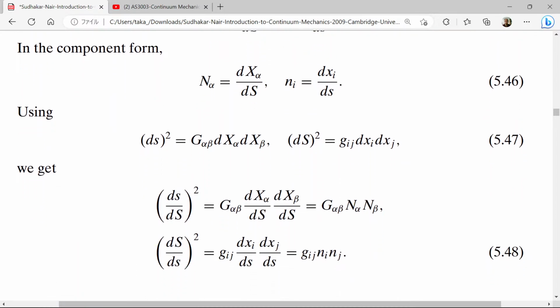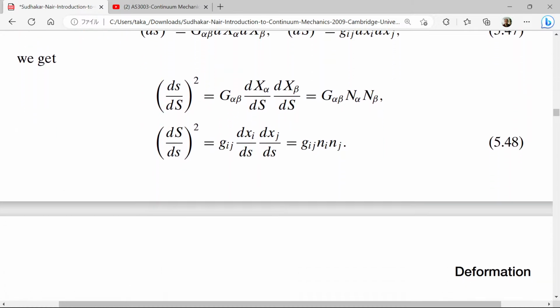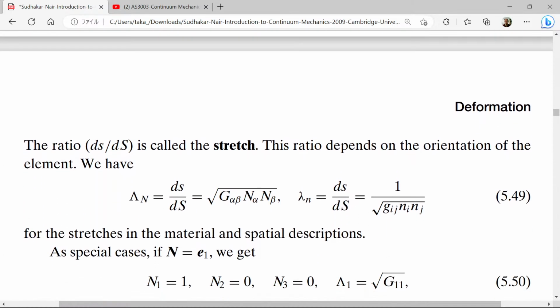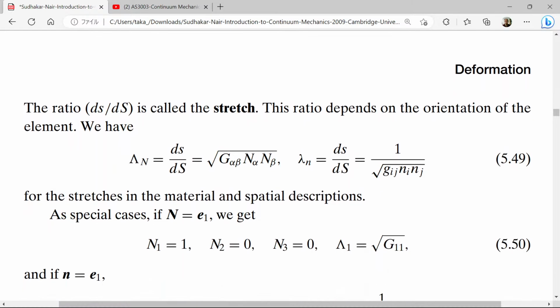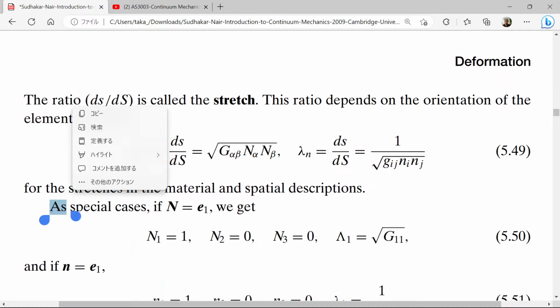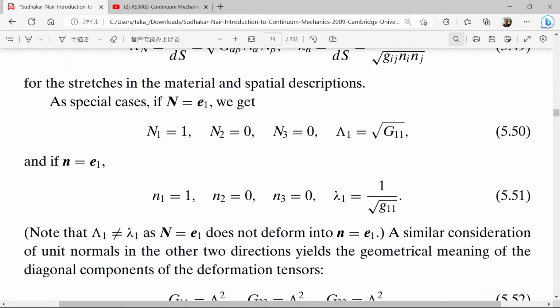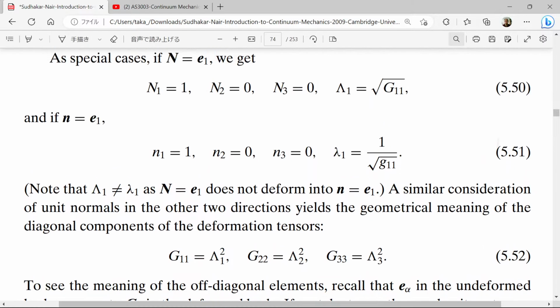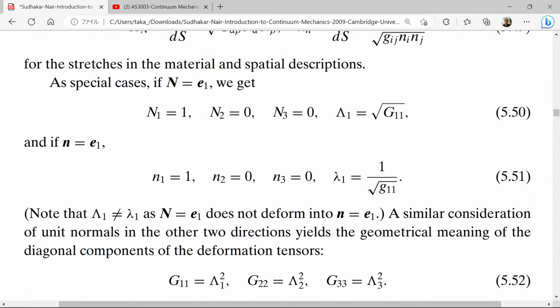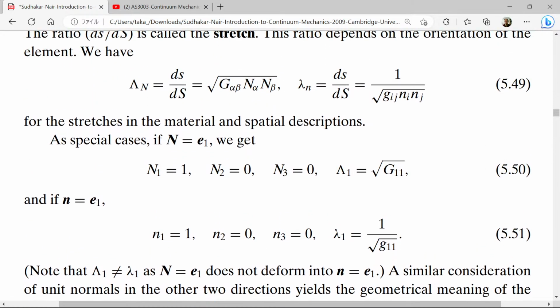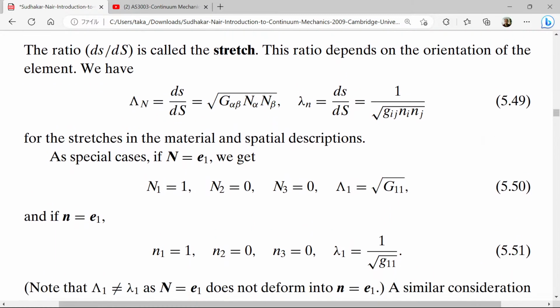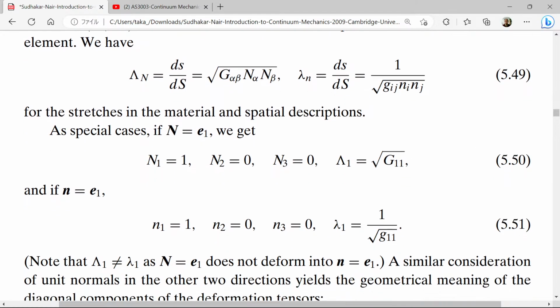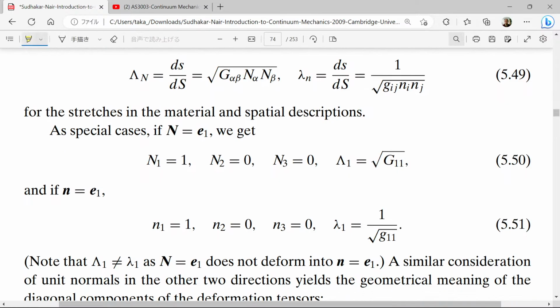G. Yeah, I think this is the origin. We have this one.